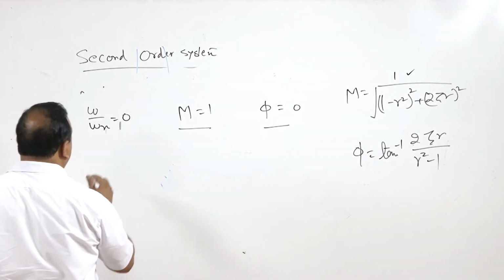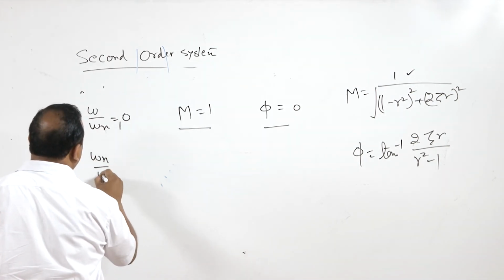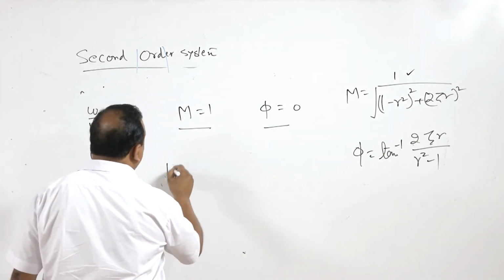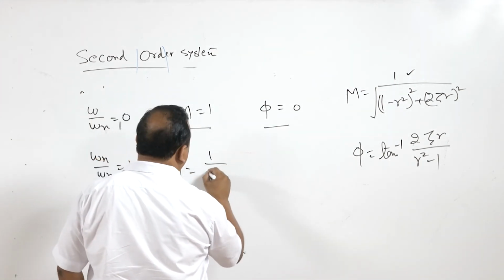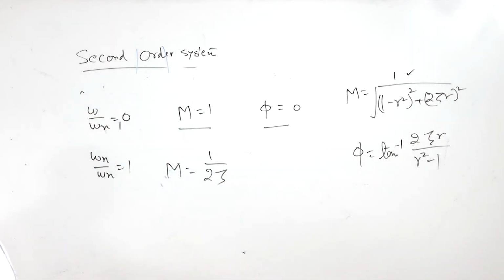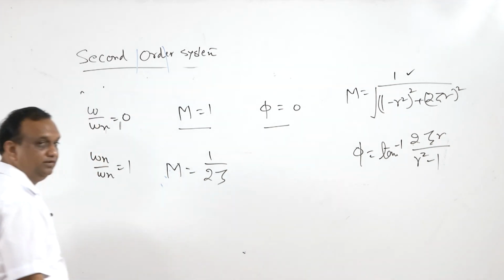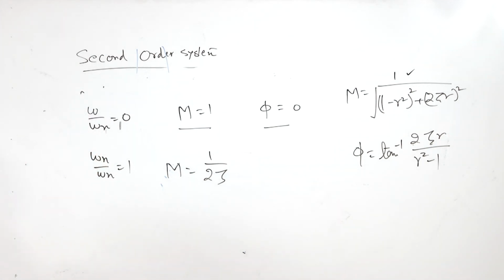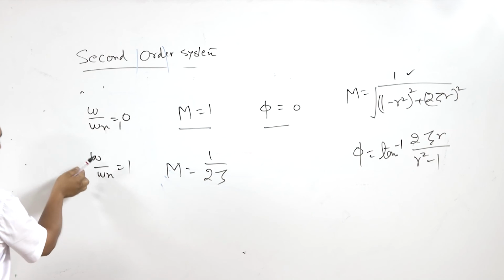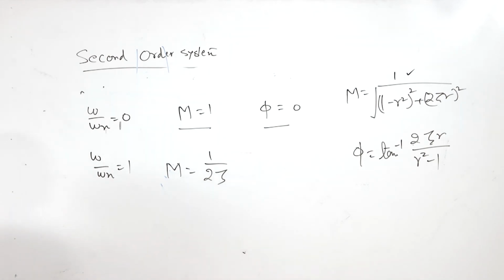Now omega by omega n is equal to 1. When omega by omega n is equal to 1, m is going to be 1 by 2 zeta. If no damping is there, then it is going to be infinity. That is perfect resonance, because it means the imposed frequency is equal to the natural frequency.